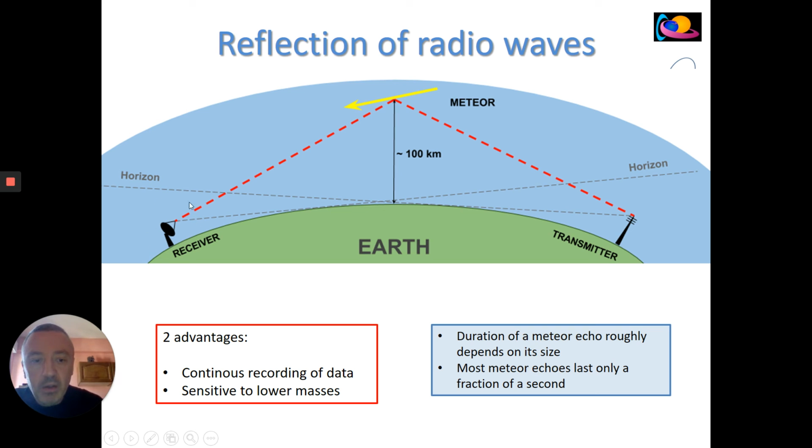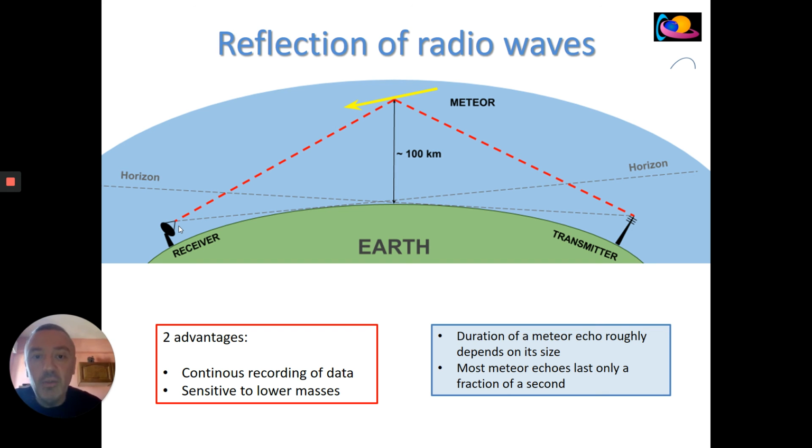Roughly speaking, the duration of the meteor echo depends, of course, on the lifetime of the trail of electrons created by the meteoroid. And roughly speaking, it depends on the size of the object. The larger the object, the more electrons it will create in the trail, and the longer it will take for this trail to disappear into the atmosphere.